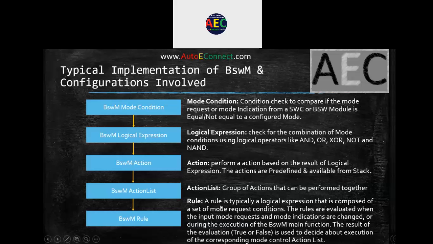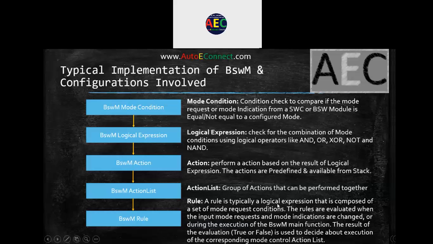The next thing that comes into the picture is the rule. A rule is typically a logical expression that is composed of a set of mode request conditions. The rules are evaluated when the input mode requests and mode indications are changed, or during the execution of the BSW main function. The result of the evaluation, true or false, is used to decide about execution of the corresponding mode control action list. If you look at the rule definition, it covers everything here.